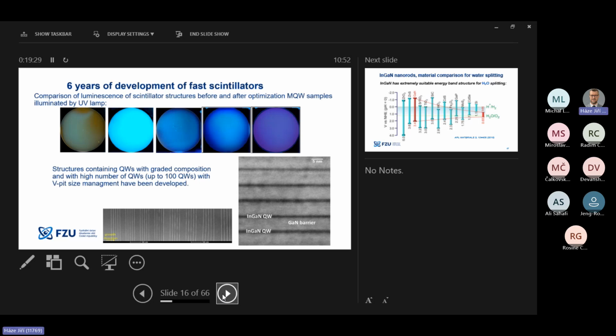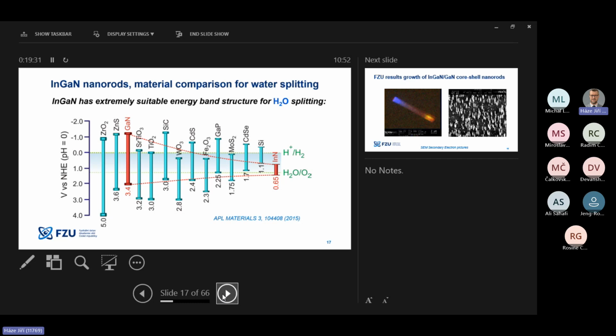Another thing which we started to devote our attention to is nanorods, with the aim either to go to a very fast scintillator structure or to go to water decomposition to hydrogen and oxygen.